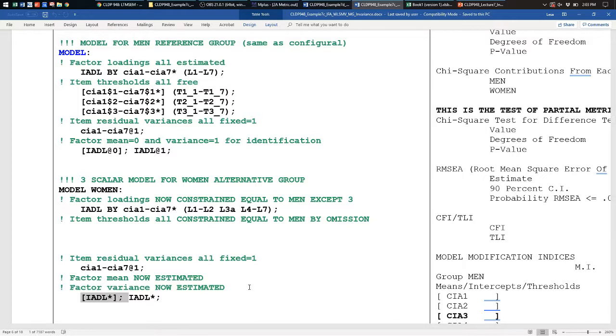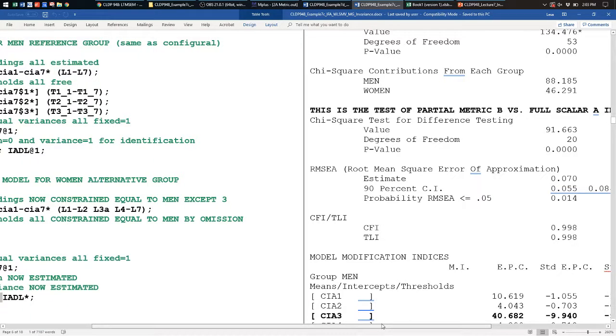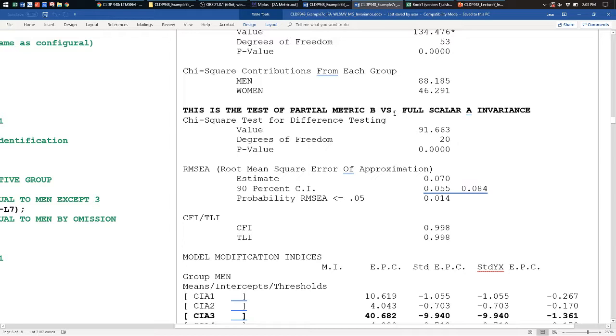I am saying the only reason that it looked like women's parameters were more difficult is because they have less ability, maybe. That's a testable hypothesis. That's what I'm asking right now. Is the factor mean difference responsible for those observed differences in women's thresholds? If the model fits not worse, the answer is yes. Those differences are a function of the factor and not otherwise.